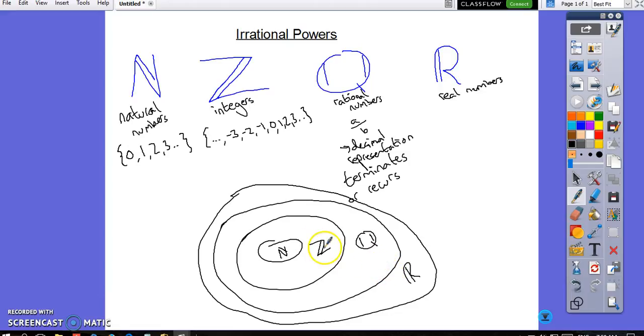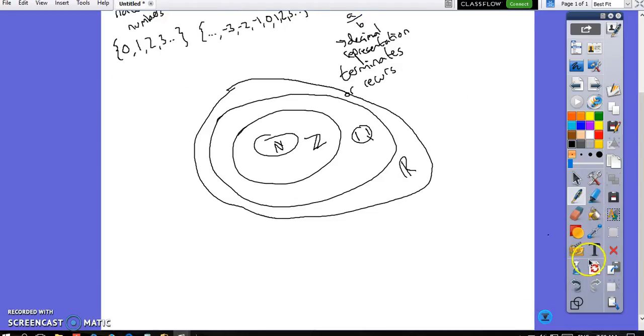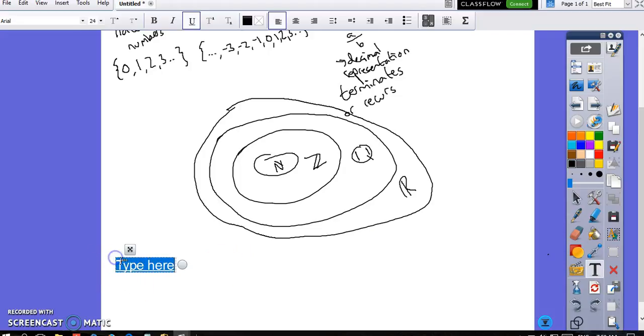So these are our number sets, and as you already know, we've seen powers in the natural numbers, in the integers, and in the rational numbers. Let's just have a quick recap of those. So, powers in the natural numbers.